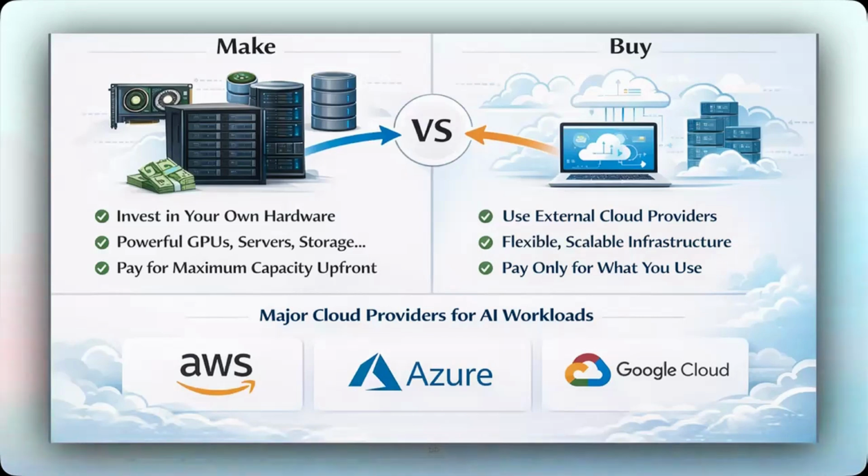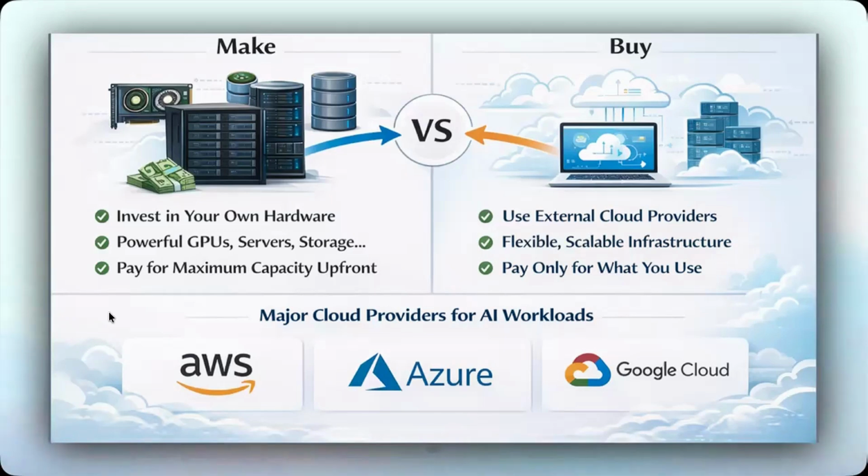On the other hand, we have the buy route, which means relying on an external cloud provider. This gives you flexibility because you don't need a huge upfront investment. You can scale your compute up when your agent is busy and scale it down when it is not, and you only pay for what you actually use. This is exactly where cloud platforms shine. They give you scalable infrastructure so you can experiment, deploy, and grow without worrying about managing physical hardware.